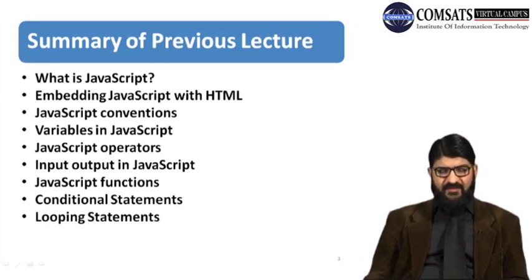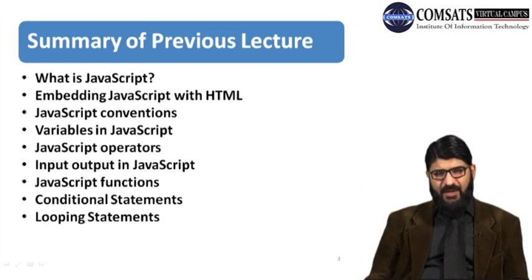After that, we have discussed the two major categories of variables. The first one is the local variable and the second is the global variable. The local variable is declared within the function and can be accessed within the function boundaries, while the global variable is declared outside the function and can be accessible throughout the web page HTML code document.